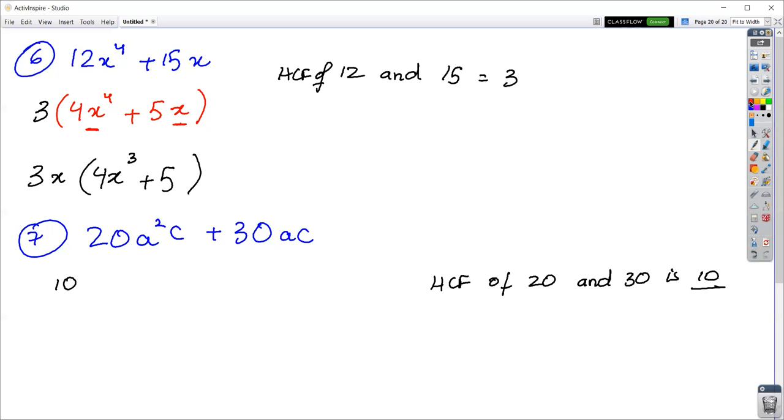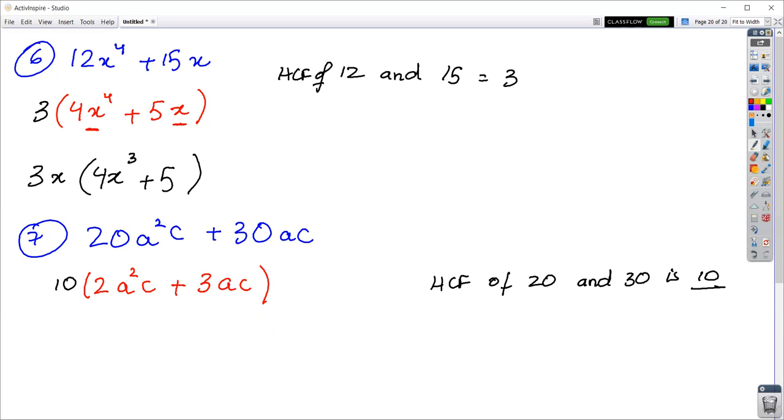And now I'm going to check what I'm going to get inside the bracket. To begin with, how many 10s make 20 would be 2a squared c. For now, I'm writing down the variables the same. Plus, now you see how many 10s make 30 would be 3, and the variables are the same.